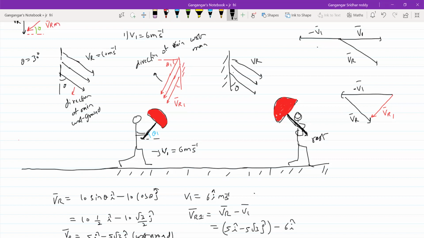Tell me, in which position will you feel very comfortable holding the umbrella? Vertically, no? So what should you do to hold the umbrella vertically? Those cases we'll discuss tomorrow.